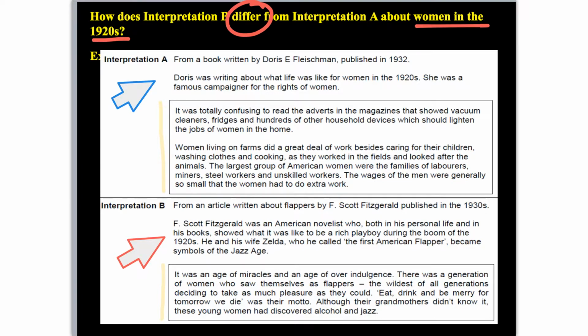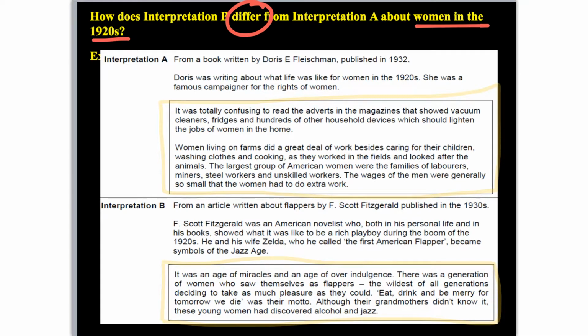Now, this is particularly important for this first question. What we want to do is focus on the content and how they differ, rather than the ascription. That will come up in the second question. So if we just remove those arrows, what we want to focus on is the content inside the box for this type of question.